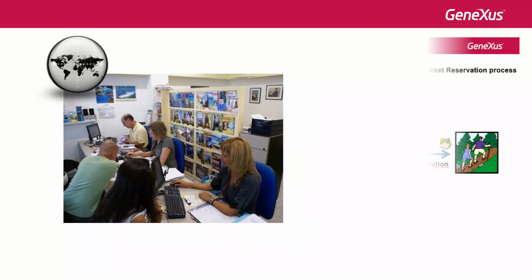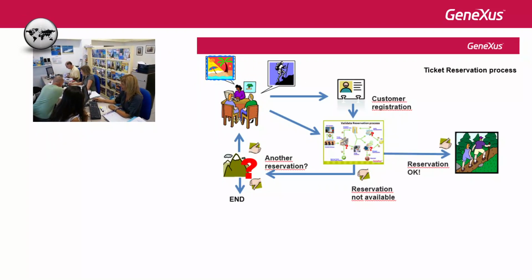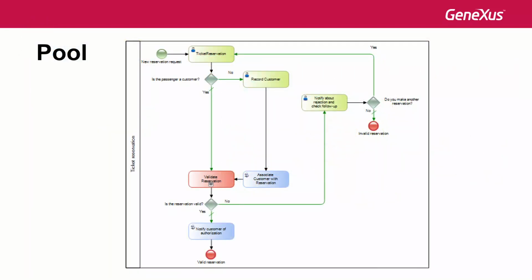In our case, the only business entity involved is the travel agency, which has a single process that we called ticket reservation. To indicate this, a pool symbol is used. In our example, it covers the entire diagram.